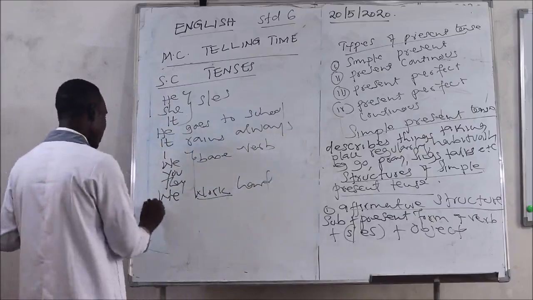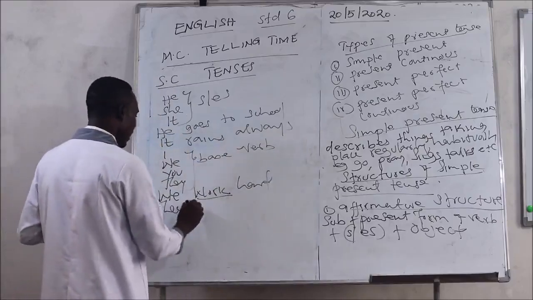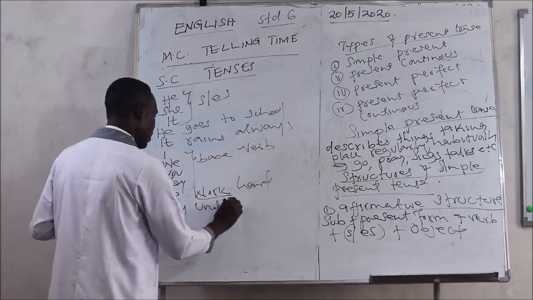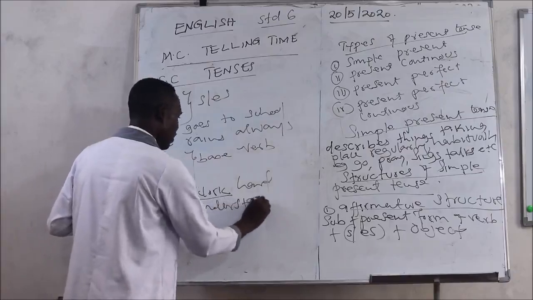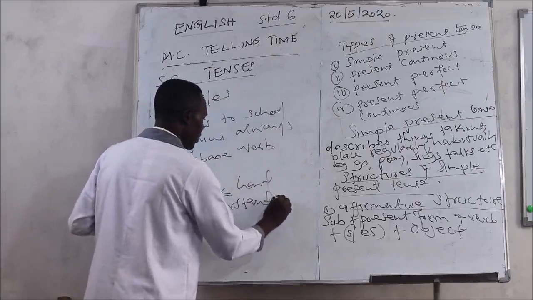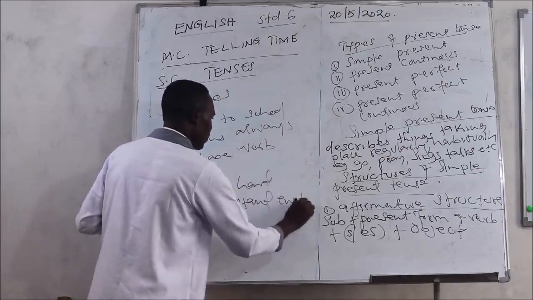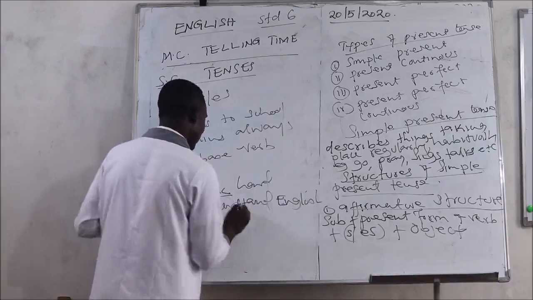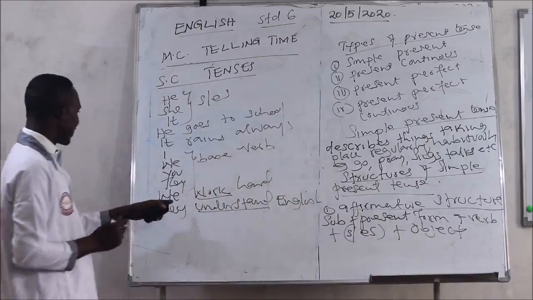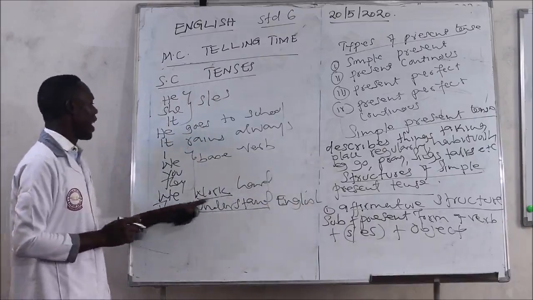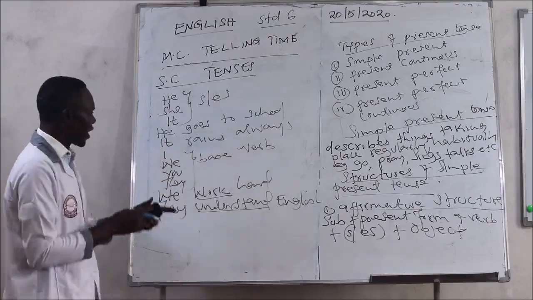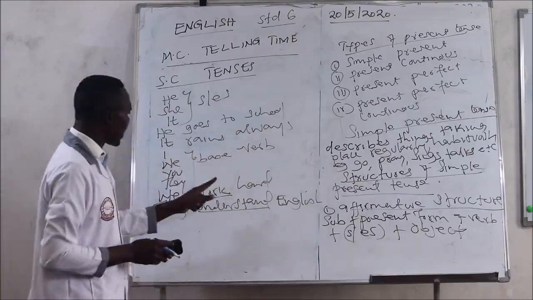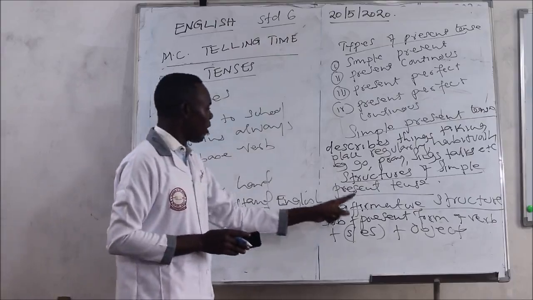When you say they understand English, the word understand is a base form. So in this case, we can't say that they understands. Why? Because the structure is telling us that we are using a subject plus present form of a verb.